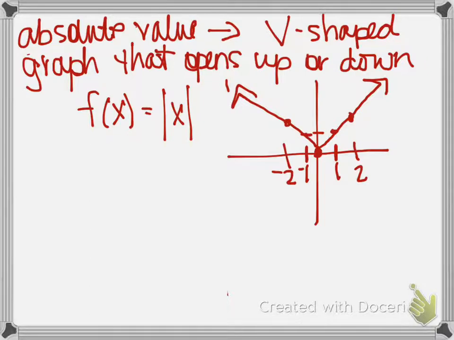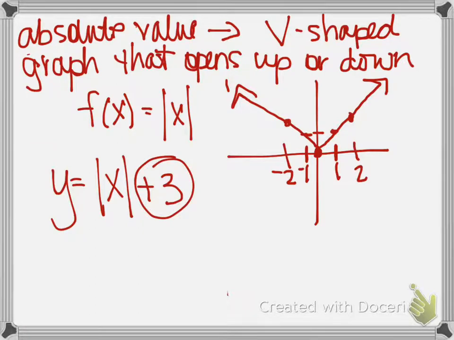I'm not sure what's on the absolute value page of your notes. I think it may be y equals the absolute value of x plus 3. All that happens whenever you have the absolute value of x plus or minus any number is that it moves it up or down on the y-axis.